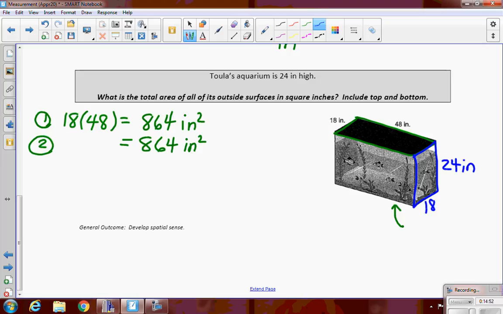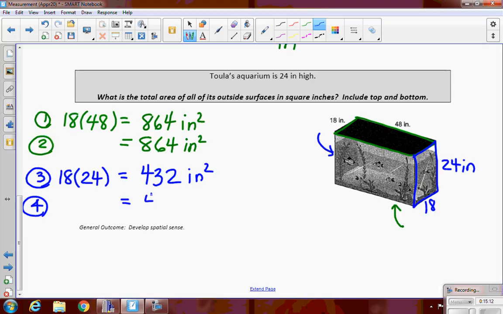So if I was to look at that side, or part 3, that would be the exact same as that other end of it. So I'd have two sides of this that are 18 by 24 inches. So if I multiply those, I should get 432 square inches for the one side, and the other end of it would be the same thing, 432 square inches.